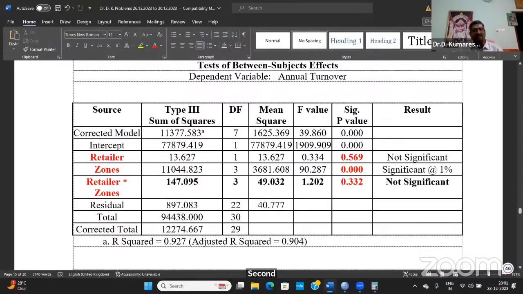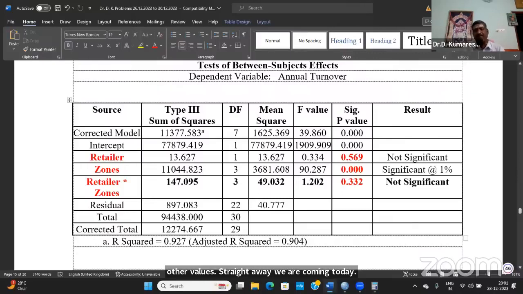Intercept, like regression, is also a constant. Come to retailer, zone, and retailer by zone. Come to the p-value. Here we need not bother about the other values. Straight away we are coming to the p-values.